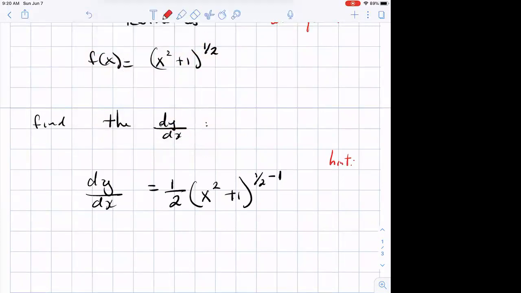Anytime you have a power as a fraction, for fraction powers, subtract 1 implies the denominator.